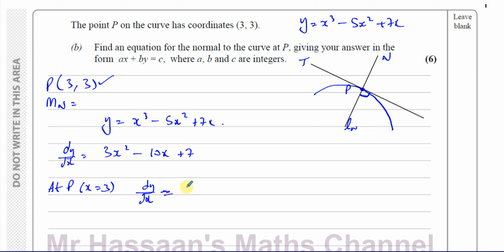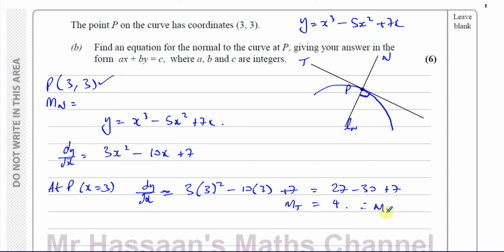So 3 times 3 squared minus 10 times 3 plus 7. That's 3 times 9, which is 27, and 10 times 3, which is 30, plus 7. So that's going to give us minus 3 plus 7, which is 4. So the gradient of the tangent is equal to 4.